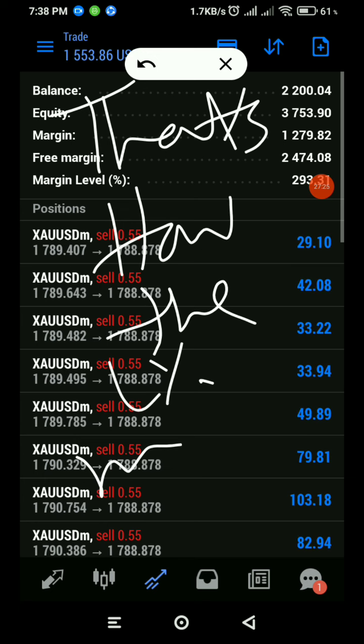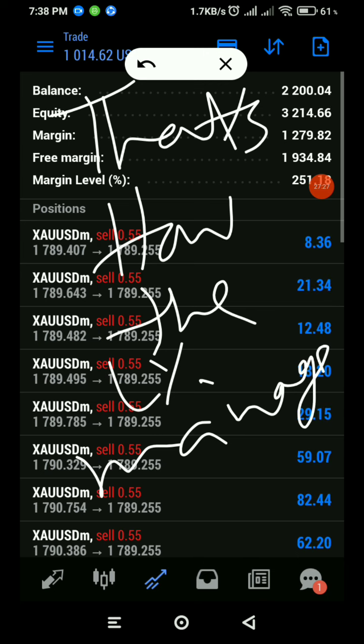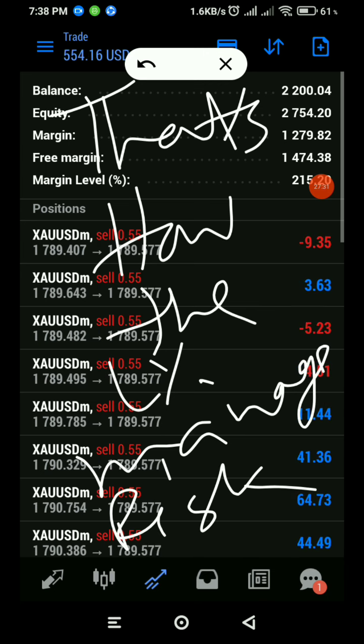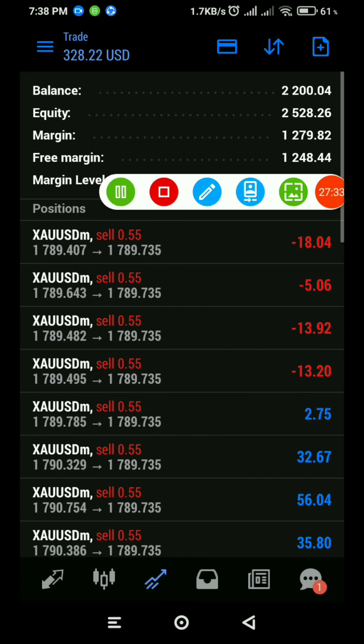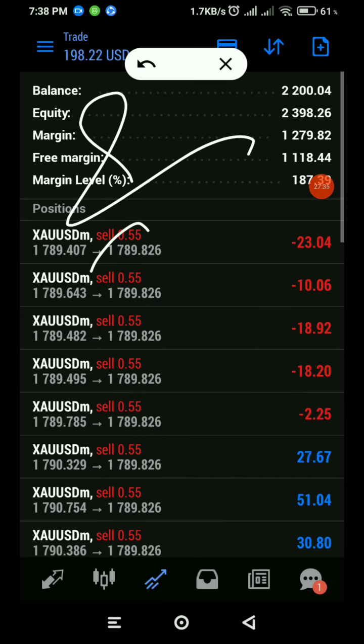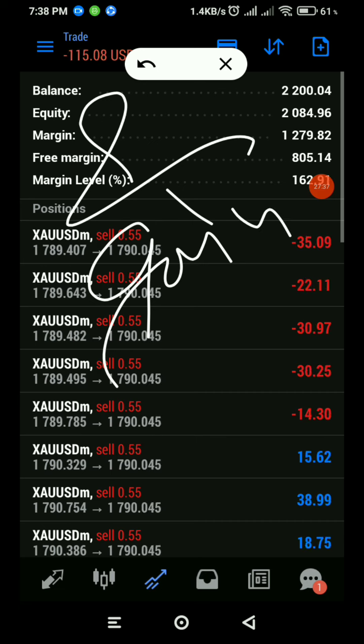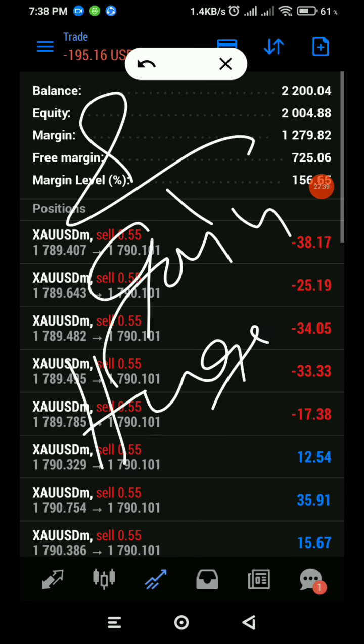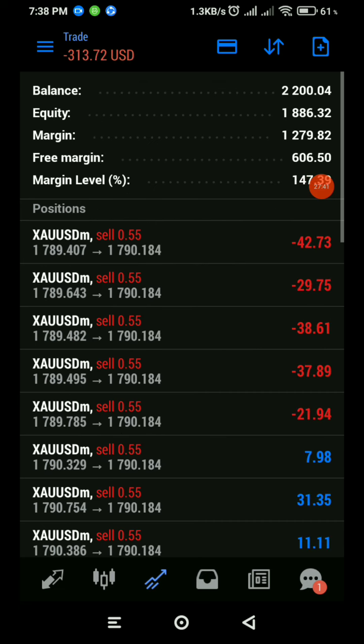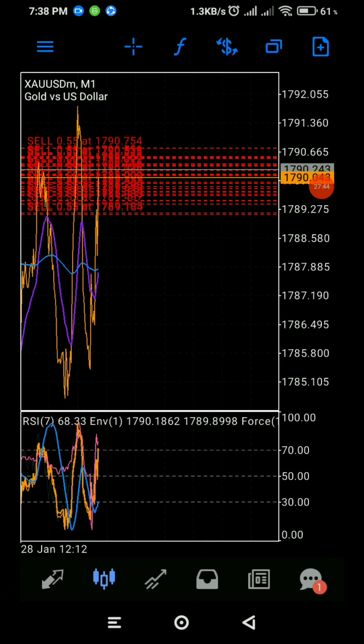So that's how the 1% play with the market and manage their risk and recover their account, and how they gain huge from the market.